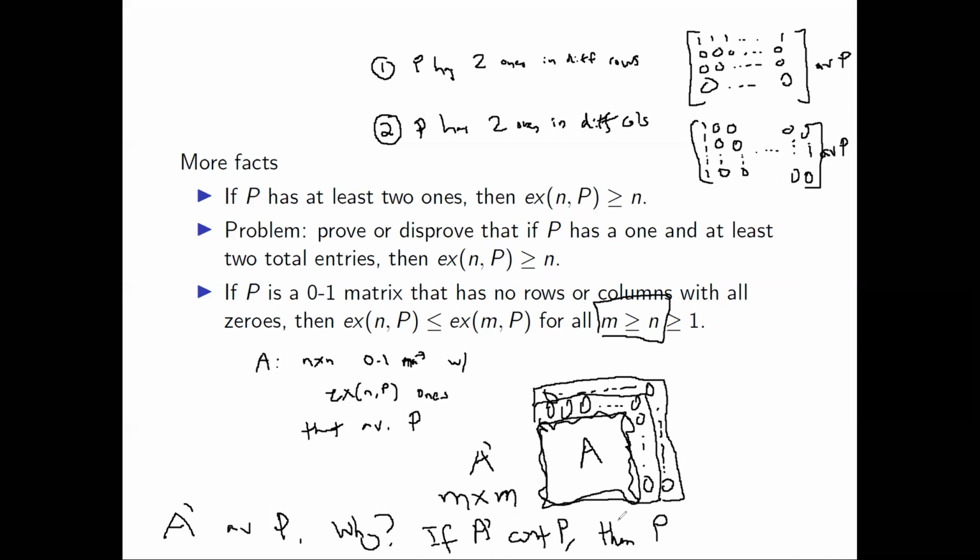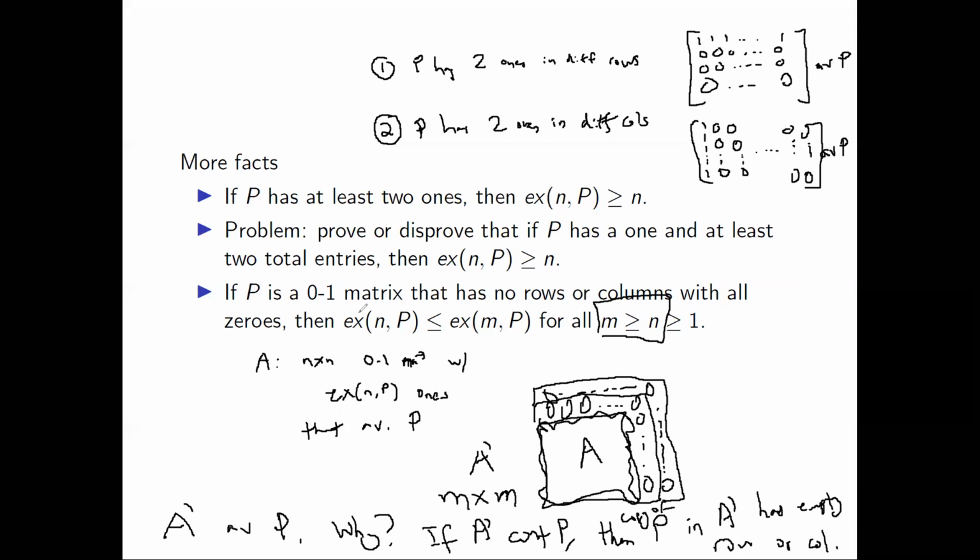And that means the copy of P would have to have an empty row or column. So the copy has a row or column full of zeros.